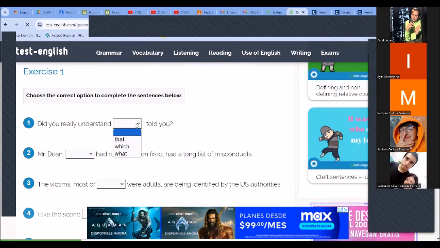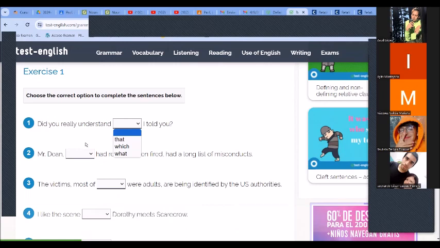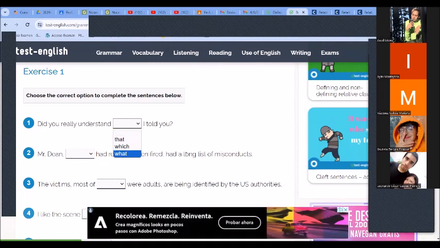This is a tricky one because it's not asking you in the same way that you would say it. Your response would use which or that, but the question would use what. All right. What I told you. What did I tell you? Did you understand what I told you? Yes, I understood.